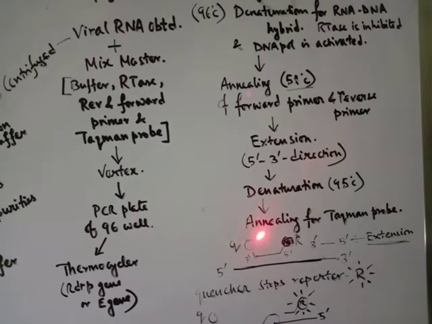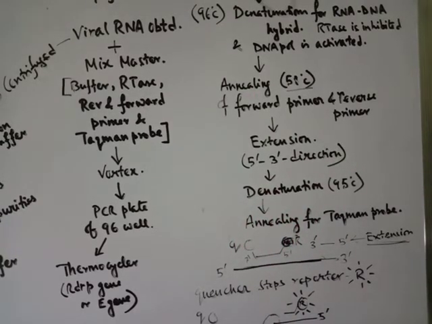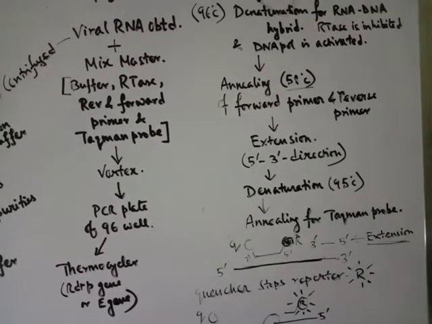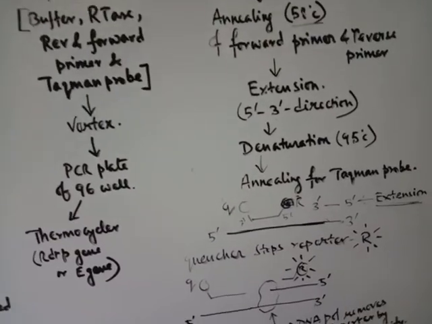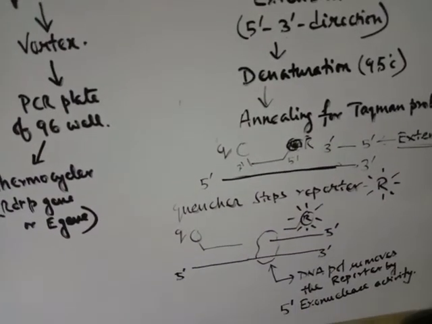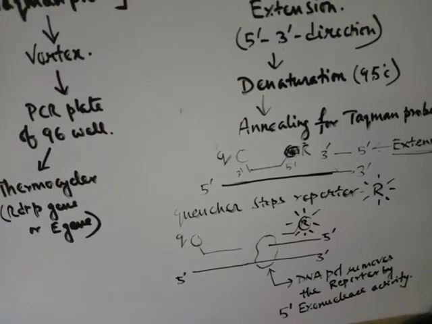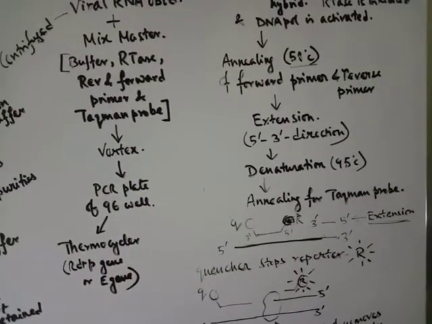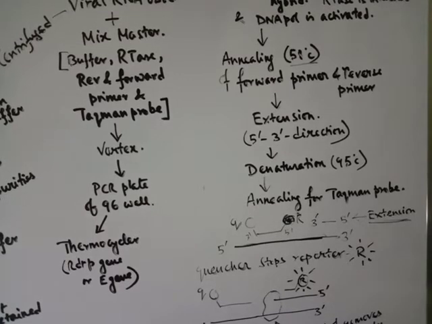They are very closely spaced such that there is no essential fluorescence happening. But whenever extension is carried out using the Thermus aquaticus DNA polymerase, which by the way has something known as the 5' exonuclease activity, as I am showing over here, and these probes are basically 5' to 3' short segments of DNA.